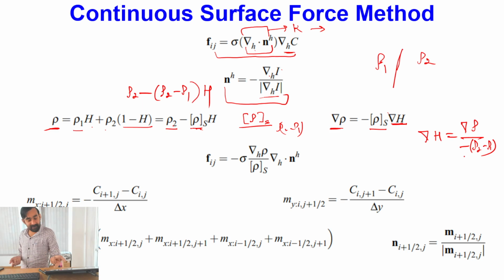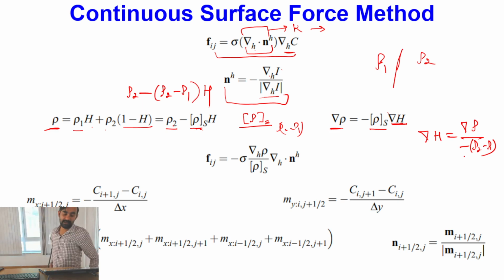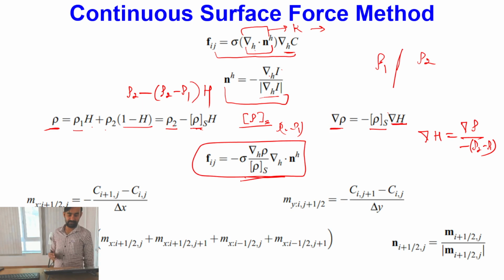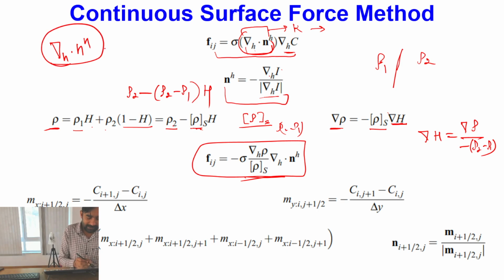So the data of density can also be used as a marker function for calculation of the surface tension force. So this way the gradient of h will be replaced with this, and I will be getting the value of surface tension force, something like this. But let's not go into this detail. Ultimately our aim now is to calculate the value of divergence of normal vector, and this divergence we need to calculate with the help of what?